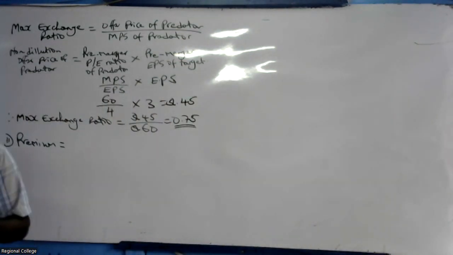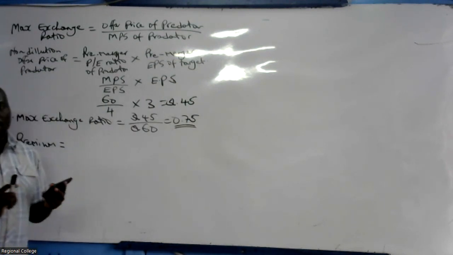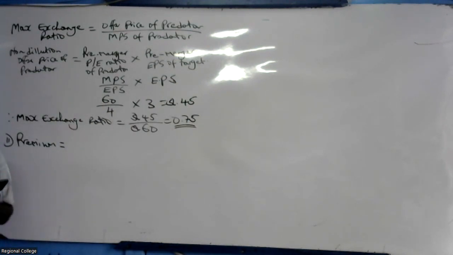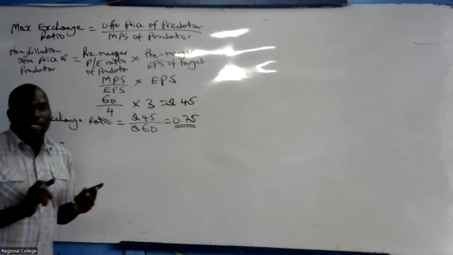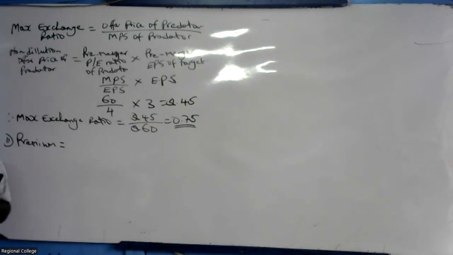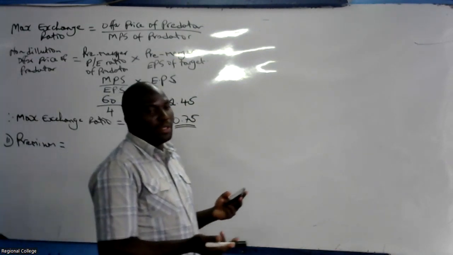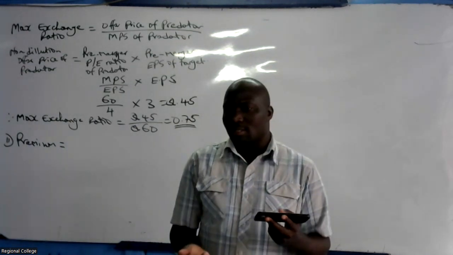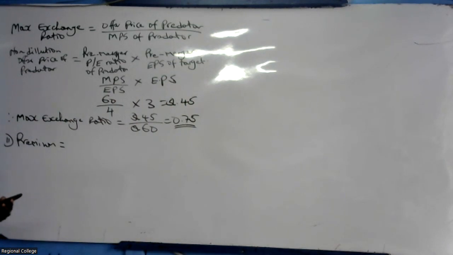We are offering 45 shillings for every share of 30 shillings that you have. So the total premium is simply the offer price minus the MPS to get the profit, then you multiply by the number of shares. How much profit does B Limited get?